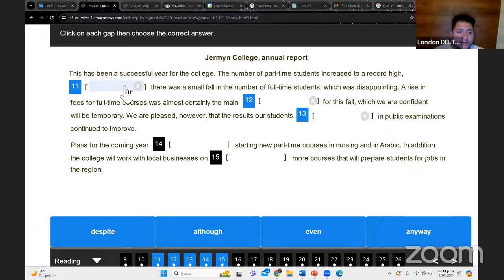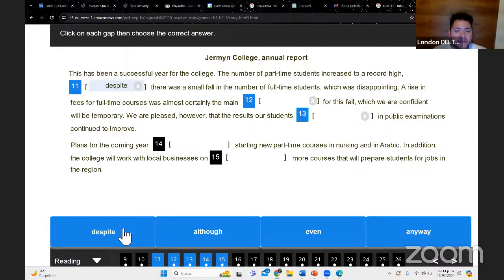So we have, the number of part-time students increased to a record high, comma, despite there was, although there was, even there was, or anyway there was.